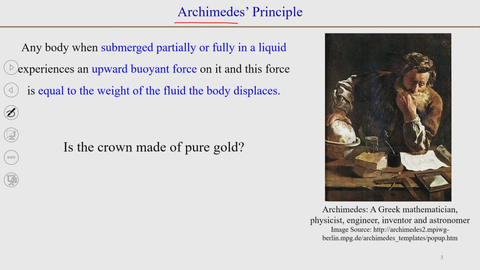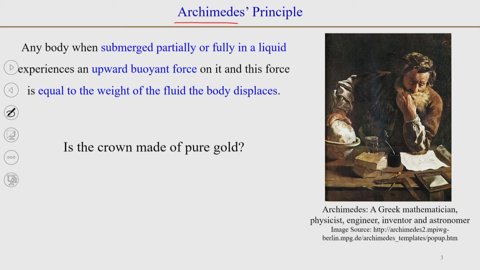from a jeweler was made of pure gold. He had given pure gold to the jeweler, and the king suspected that some amount of other metals had been mixed with the gold. So, he asked Archimedes to find out if the crown is made up of pure gold.